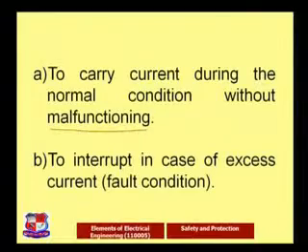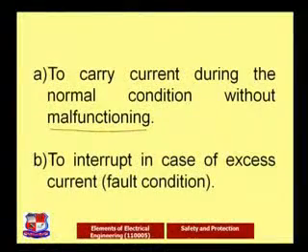Otherwise it may happen that the circuit is working properly and the fuse opens, and the circuit stops working in the actual condition. That is what is meant by malfunctioning.